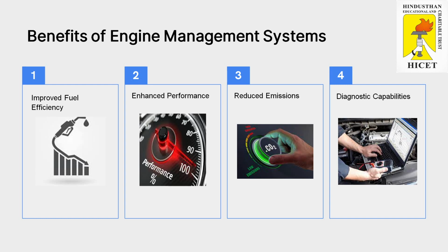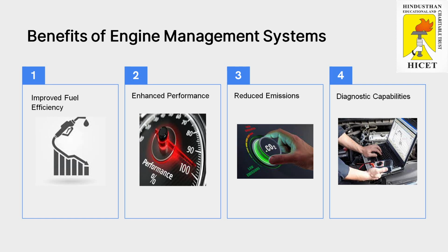The next is reduced emissions. With the help of EGR, exhaust gas recirculation, lambda sensors, and ammonia injection, emissions are reduced. That made it possible to run vehicles in BS6 at present.